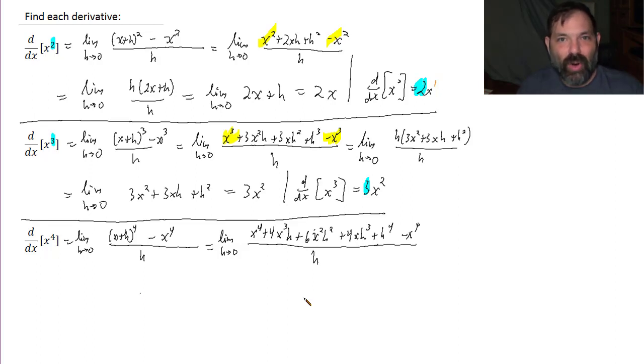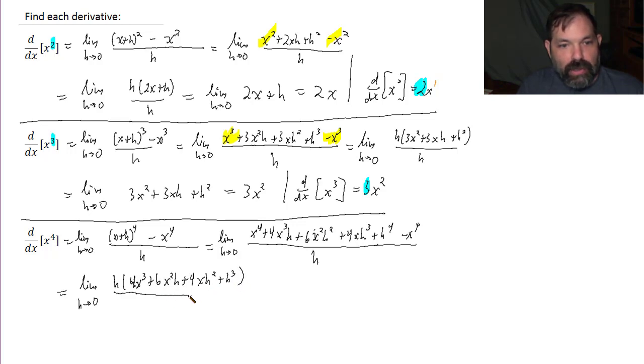And then the same sort of process happens again. We remove the common factor of x to the fourth. We factor out the h. So we have h times 4x cubed plus 6x squared h plus 4xh squared plus h cubed, over h.